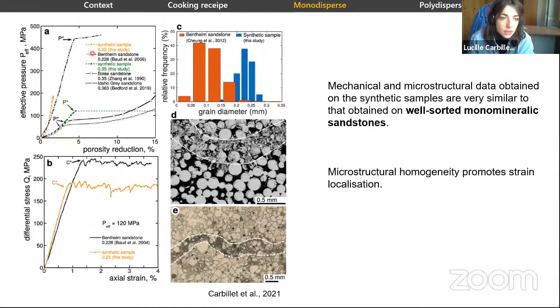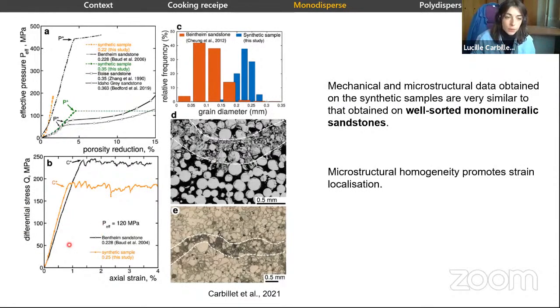What we see mostly on this plot is that while the transition to grain crushing is very sharp and very sudden in our synthetic samples, and all grains get crushed almost at the same time, it is more progressive for natural rocks. And this is mostly due to the very monodispersed distribution that we used.